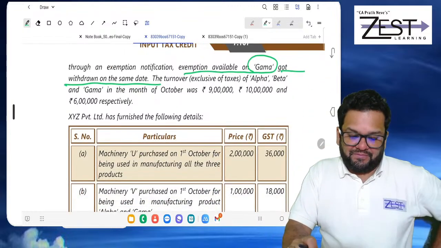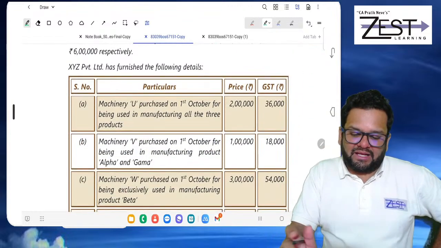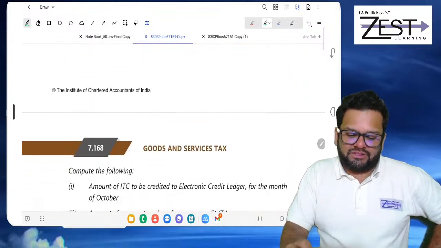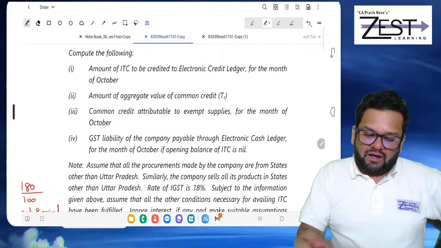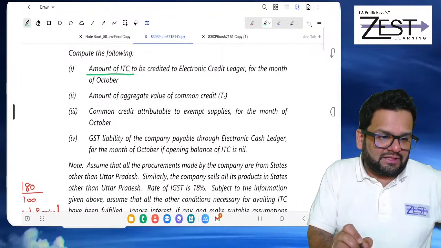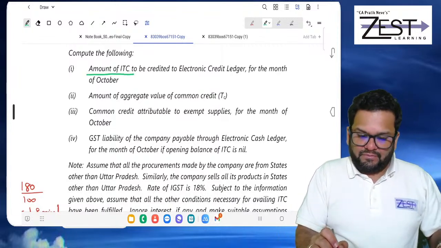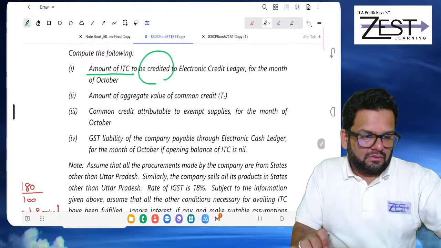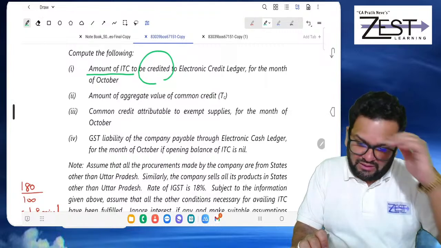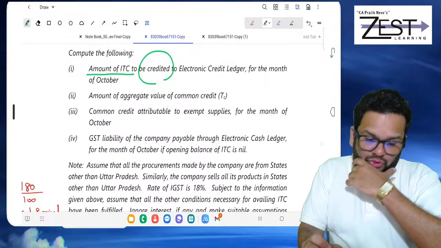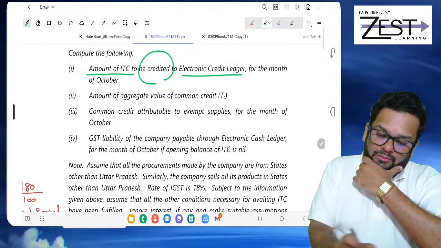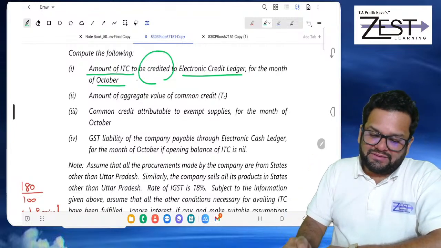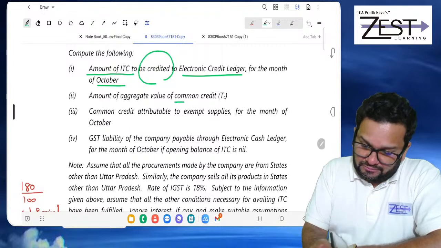Clear? XYZ Private Limited has furnished the following details. What is the question asked? Amount of ITC to be credited to e-credit ledger for the month of October. Amount of aggregate value of common credit.